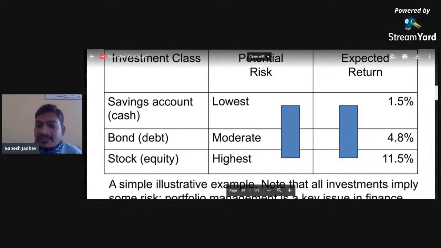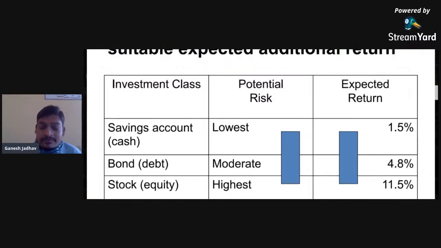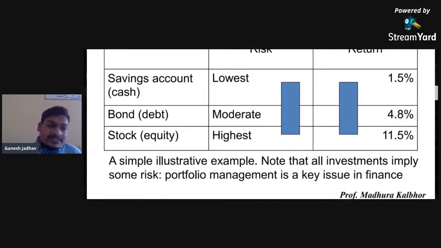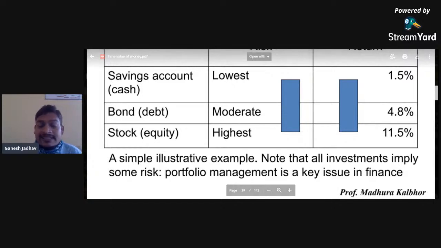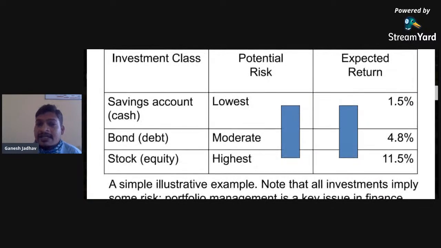So this is an example of how a particular investment works and how we take risk and get the expected return. The last one is the stock, which is equity. The risk is highest and we get a higher expected return, around 11.5%. Get it?